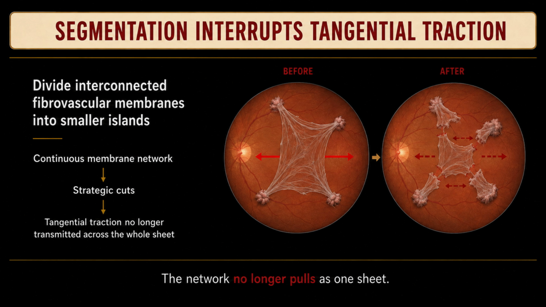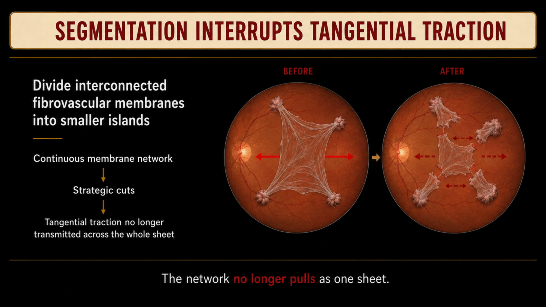Next is segmentation. Fibrovascular membranes may also connect several areas of the retina. When one part of this connected membrane contracts, the force can be transmitted across the entire membrane complex, and this is known as tangential traction. This can be relieved by segmentation and delamination.